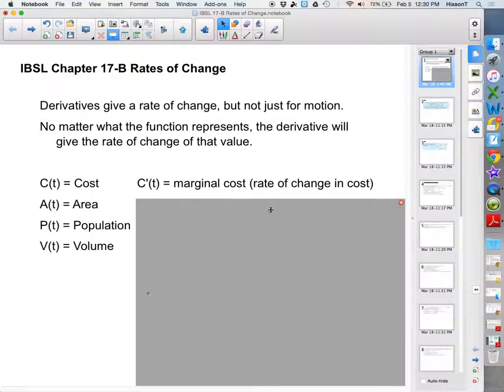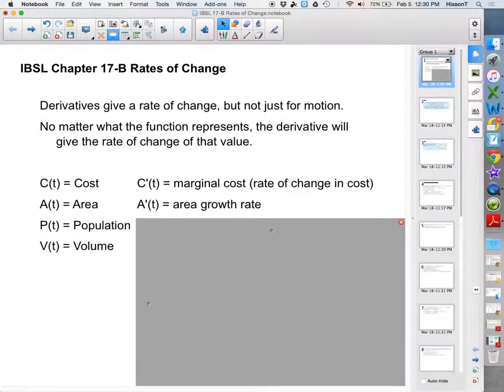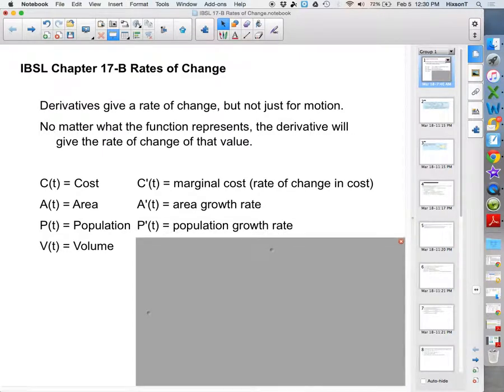So that's one thing, but that rate of change, how quickly is our price or our cost going up or down, depending on how much we're producing. Area, okay? This one is kind of obvious, but population growth rate. If we have a function that can model our population, and it doesn't have to be the population of a city, this could be the population of bacteria.